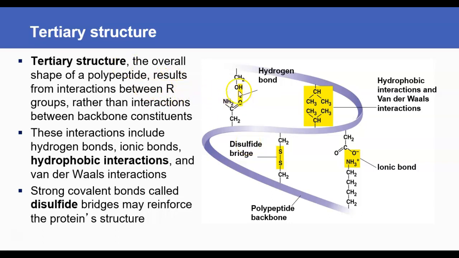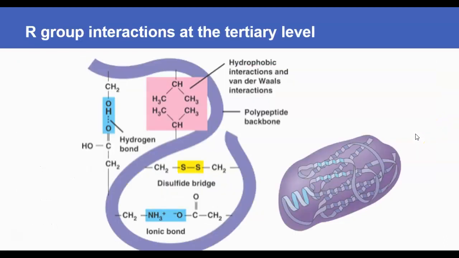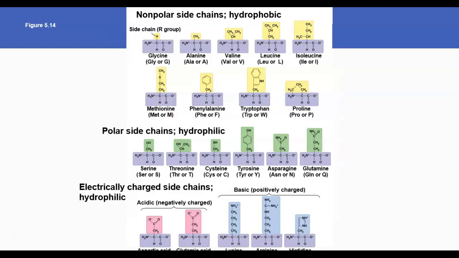So there's hydrogen bonding between R groups. There can be actually covalent bonding. That's what a disulfide bridge is. There can be ionic bonding if you have a positive and a negative, or negative and a positive amino acid. So the tertiary structure is based on what those side groups are. And then finally, we've got, so this was to show you it depended on what those side groups were.